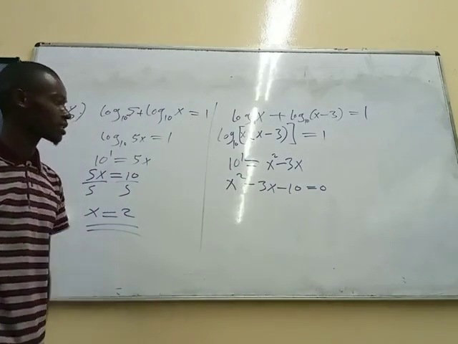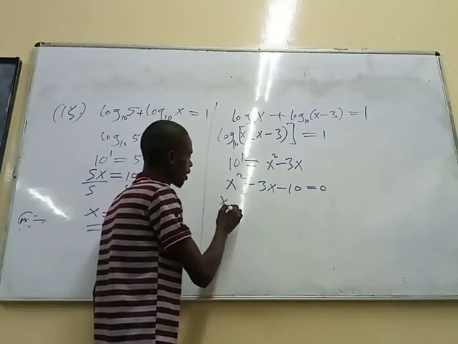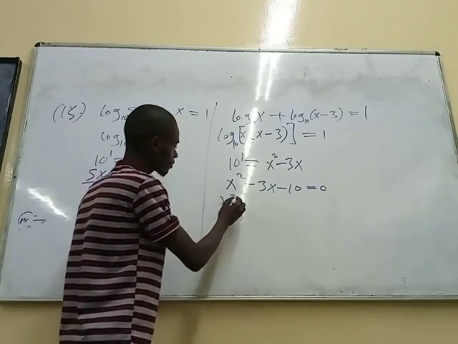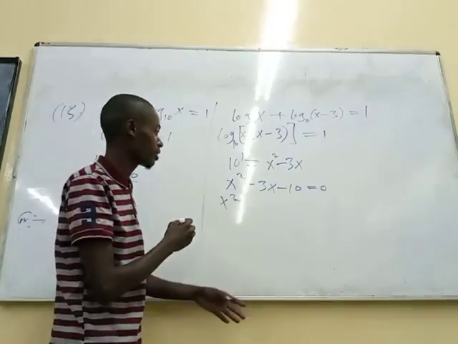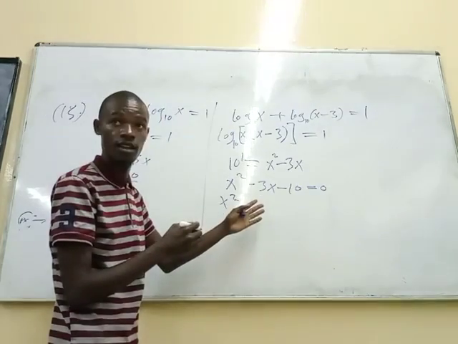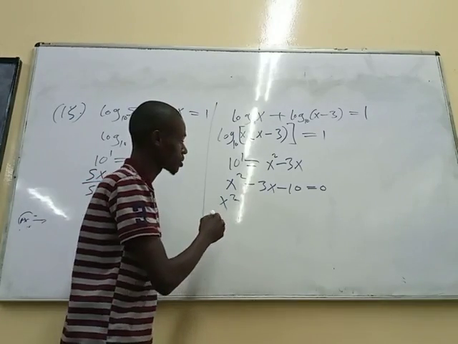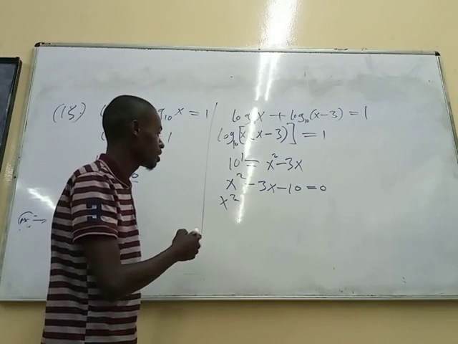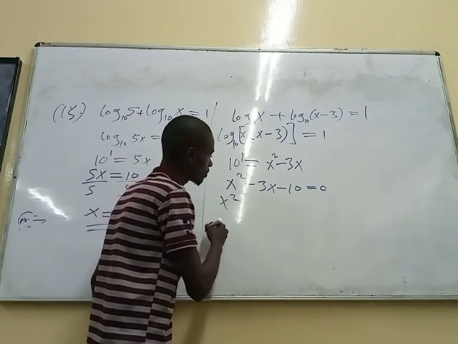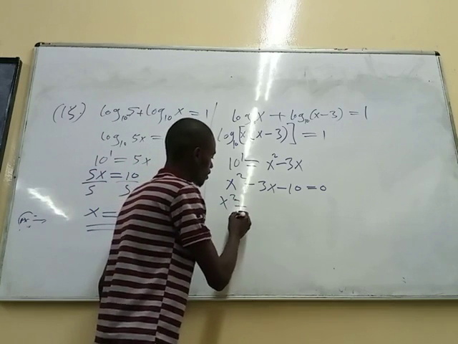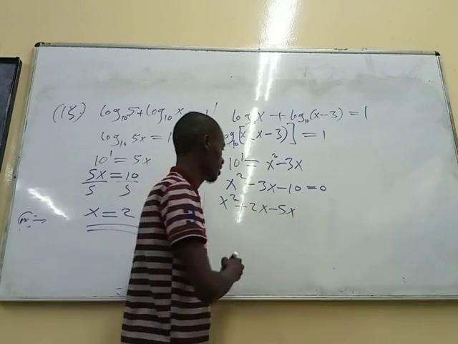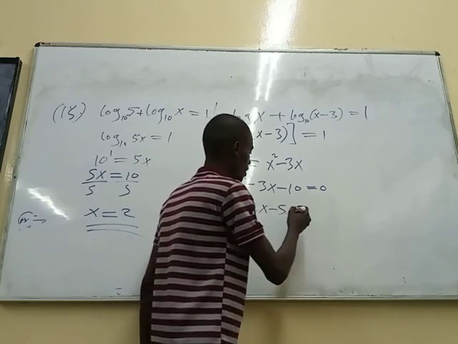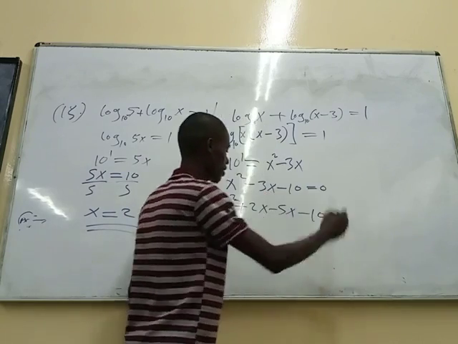So we find the factors and the products there. What are the factors here? Is it 2 and 5? Yes, 2 and 5. Which one is going to be negative? It's going to be positive 2, negative 5. Then negative 10 is equal to 0.